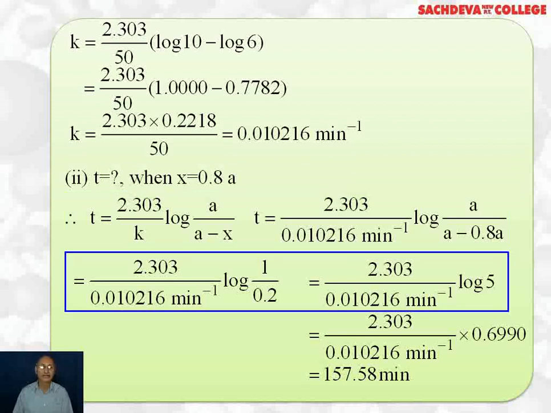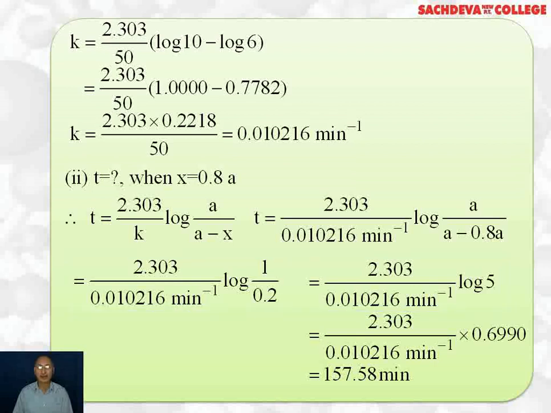We will get 2.303 divided by 0.010216 per minute log of 1 divided by 0.2. Log of 1 divided by 0.2 means log 5. Log 5 we substitute 0.6990. On calculation we get the answer 157.58 minutes. This is the time in which 80% of the reaction will be complete.